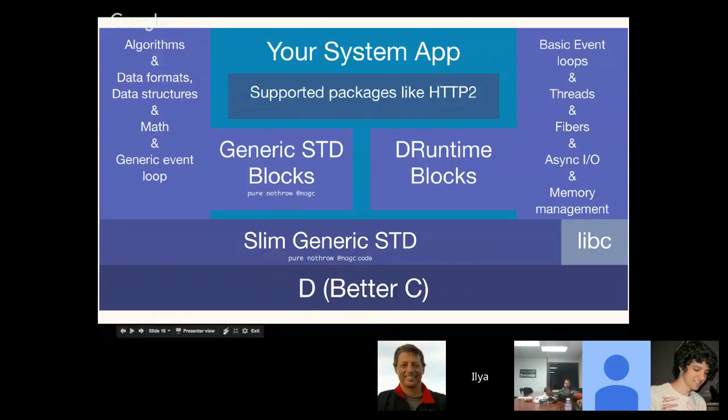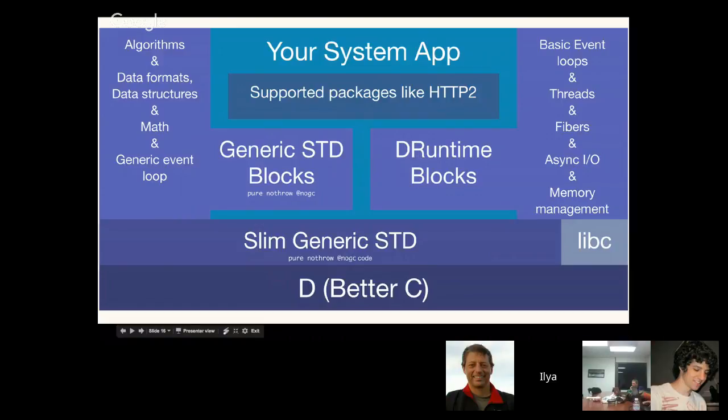Another part is a low level, slim standard library, generic std and libc. Then we have building blocks for runtime, building blocks for building generic blocks. They can interact, blocks from the left can interact with blocks on the right and vice versa. But all this should be clear. So we should have a small dependency graph, and this graph should be explicit.